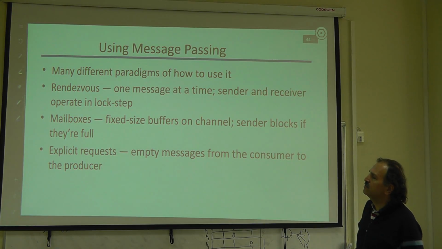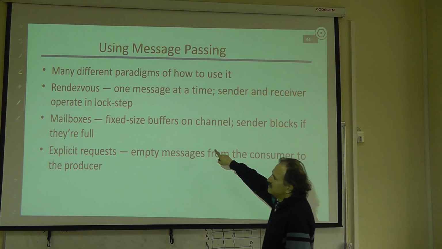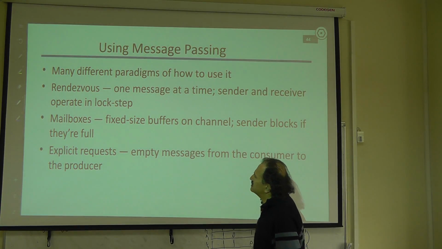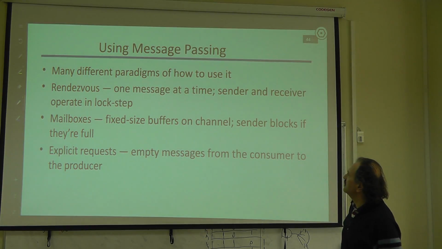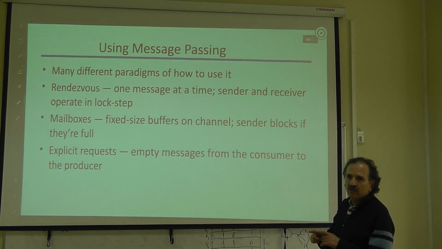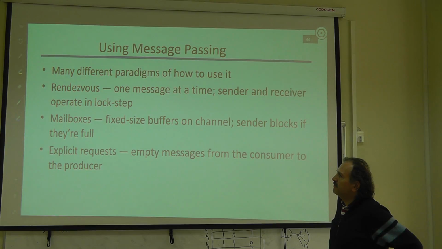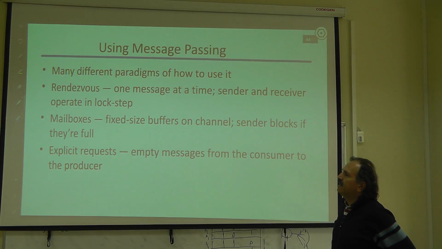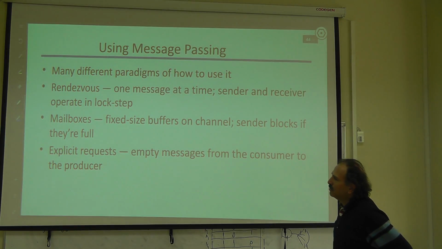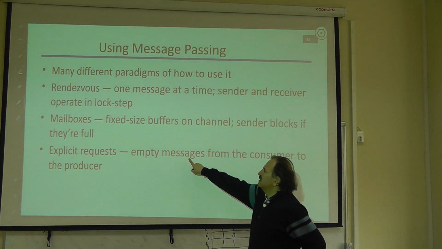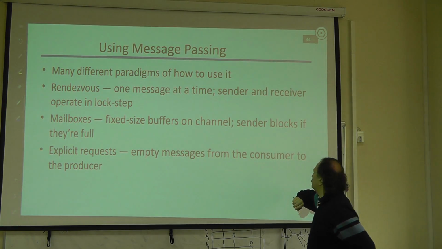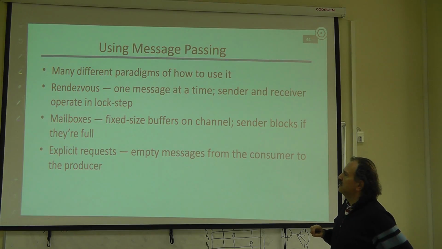Okay, turns. The other one is mailboxes: fixed size buffers on a channel. Sender blocks if they are full. So it's like a consumer-producer problem with buffer sizes. Or the explicit requests: empty messages from the consumer to the producer.